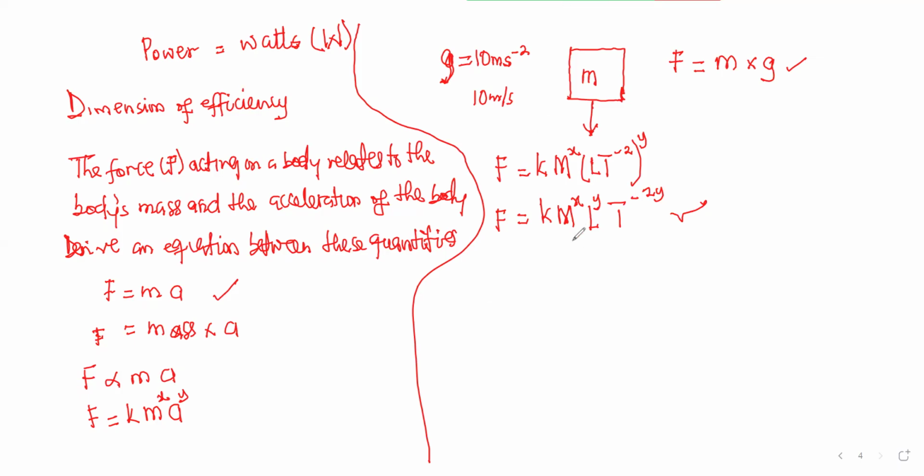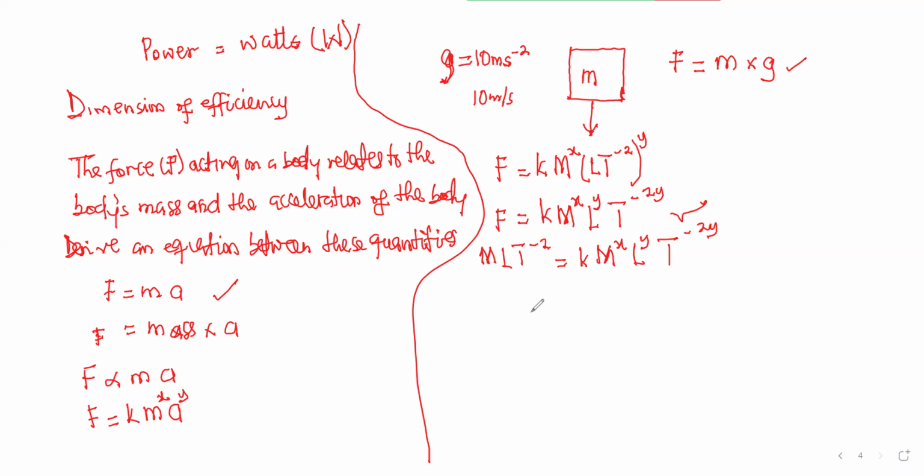Then we equate the right-hand side to the dimension of force. Nora, what's the dimension of force? M L T to the power negative 2 is equal to K M exponent X, L exponent Y, T exponent negative 2Y.